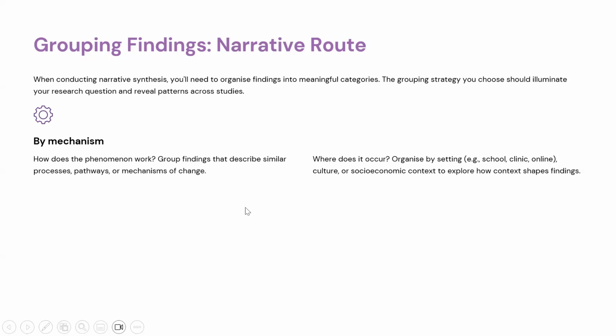Where did it occur? Settings, and so on. So that is the context. If we want to look at the context, we'd be asking questions such as where did it occur, whether it was a school, a clinic, or online, the culture in which it occurred, and the socioeconomic context, to explore how context shapes findings.